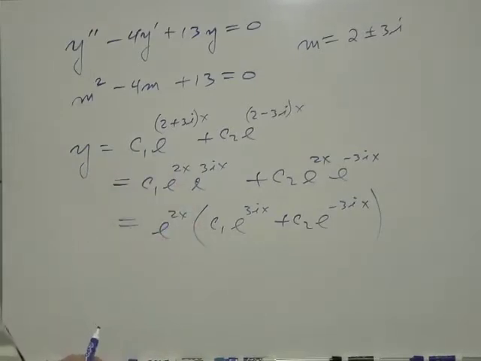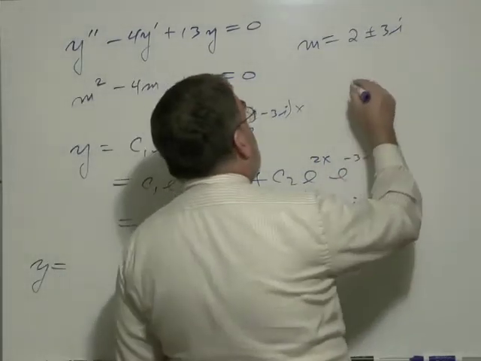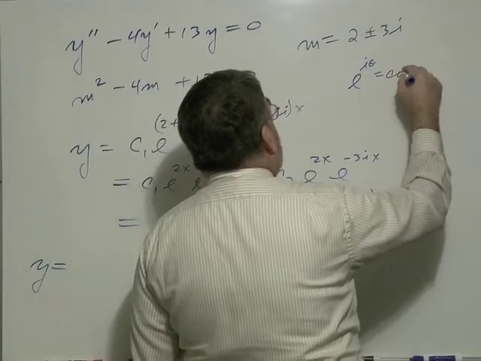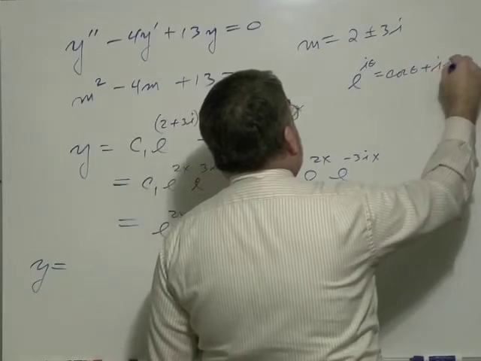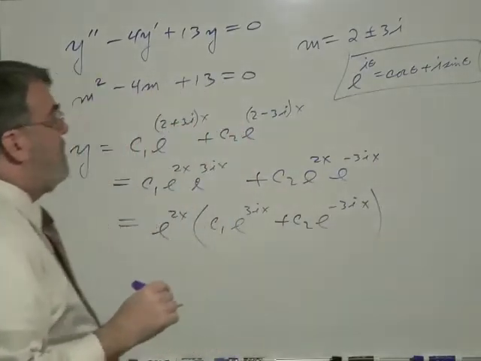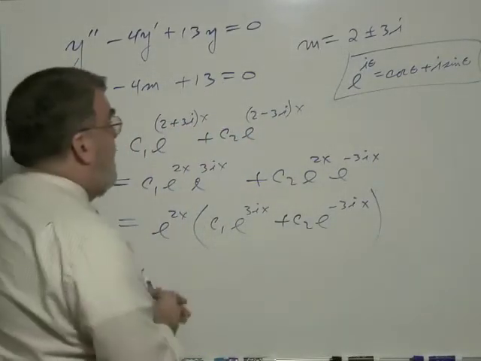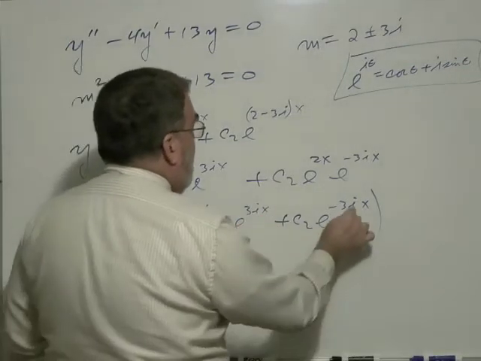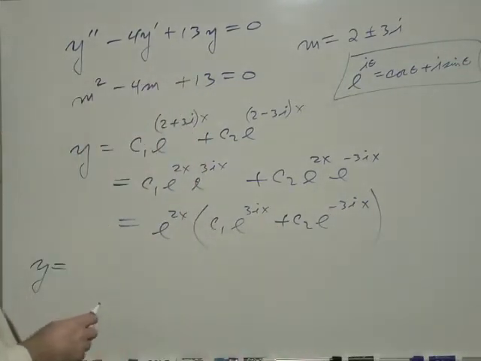Now at this point, I need to bring in Euler's formula. And remember, Euler's formula says that e to the i times theta is cosine theta plus i times sine theta. So there's Euler's equation. And instead, I've got i times 3x and i times minus 3x.